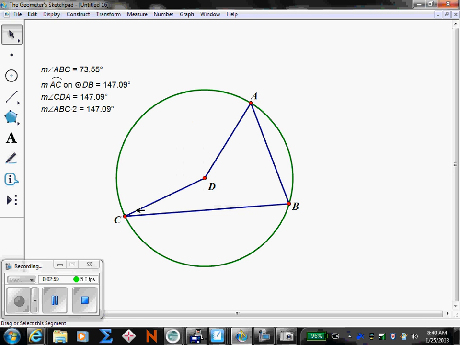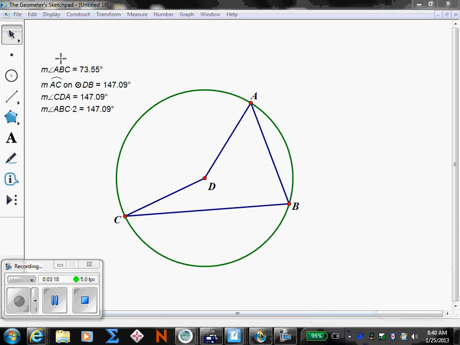So you can say either the inscribed angle is half the measure of its intercepted arc, or you can say the intercepted arc is double the inscribed angle. So it's equal to the central angle, but double the inscribed angle. So let's take a picture of this and put it in our notes.